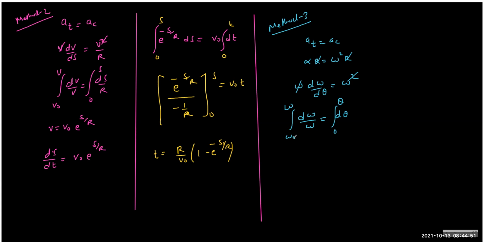So unless the acceleration is constant, we are not supposed to use them. We are supposed to derive it. Understood?